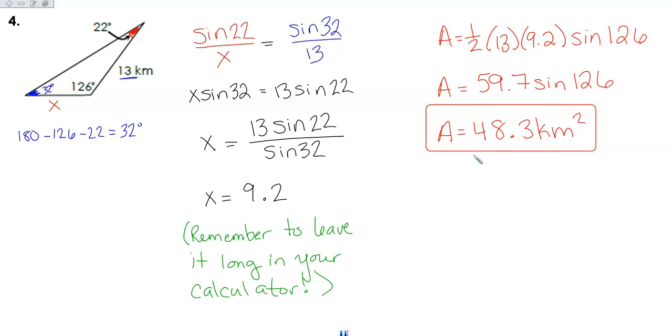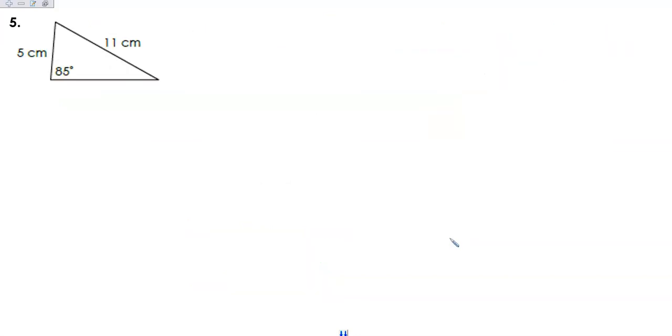You should end up in the same spot. But here again, we were given angle side angle, which is law of sines. So we have to solve for a missing angle.